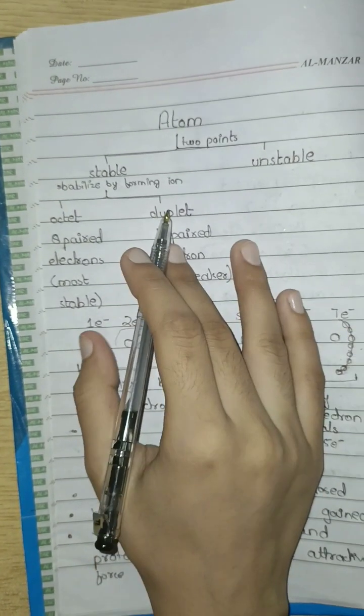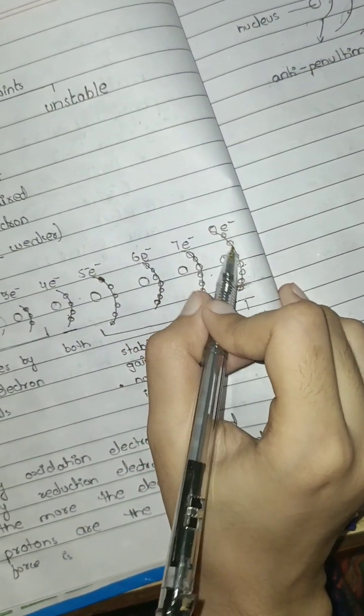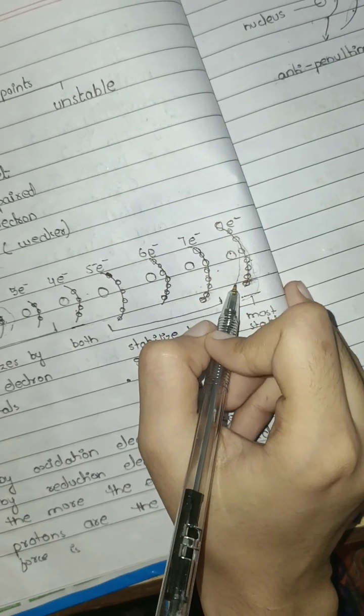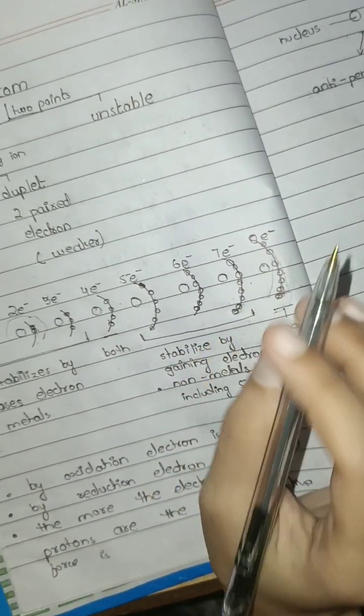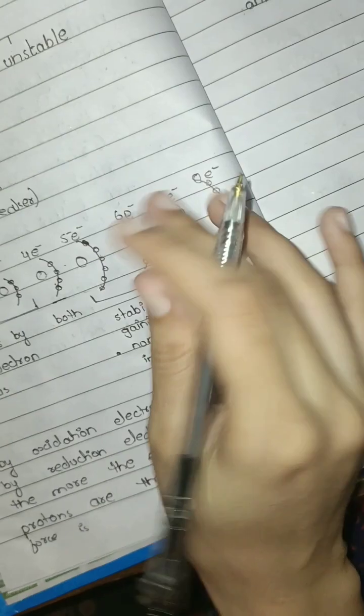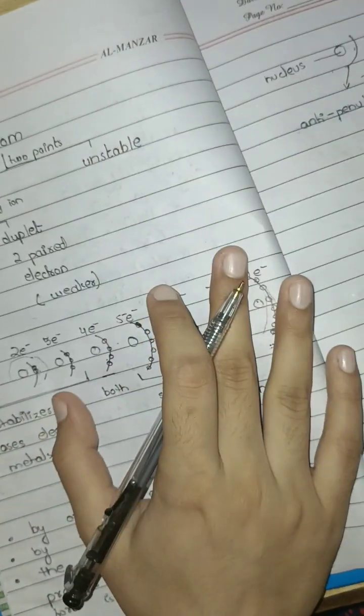And this one has 8 electrons in the valence orbit, and it is completely stabilized.